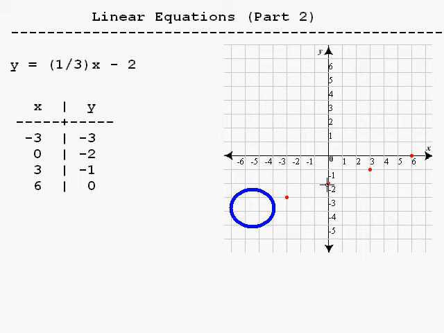If we go down 1 and over 3, we see that there could be another point here. And we can check by plugging into the equation. Negative 6 times 1/3 is negative 2. Minus 2 should be negative 4, which is what we have here. So we see that there'll be another dot here.